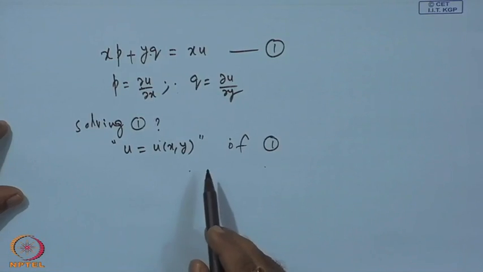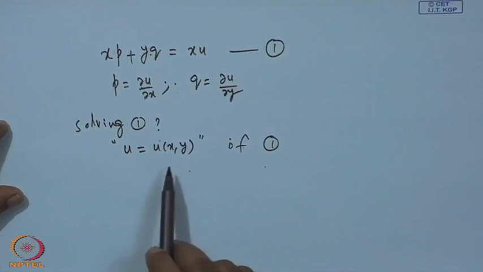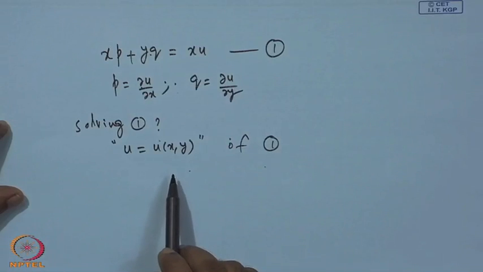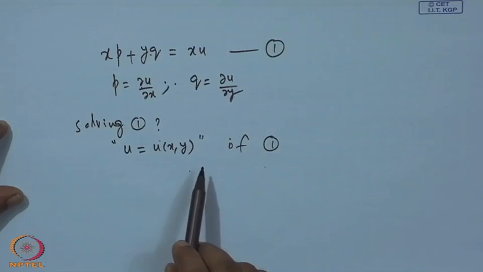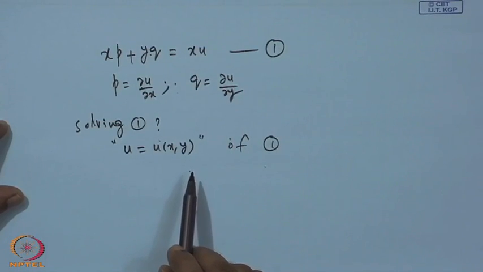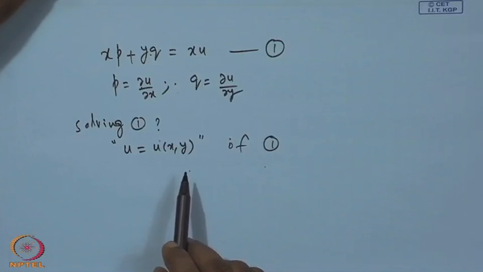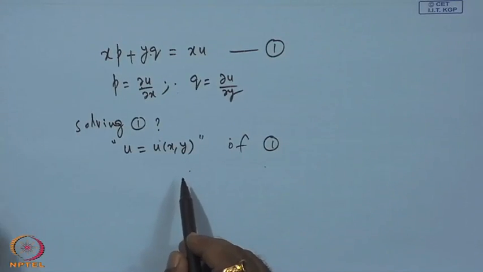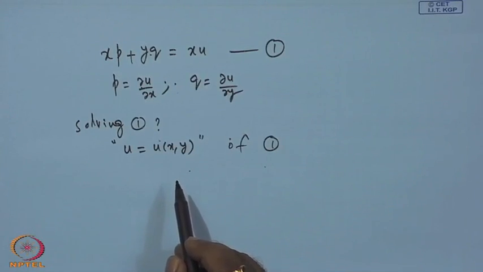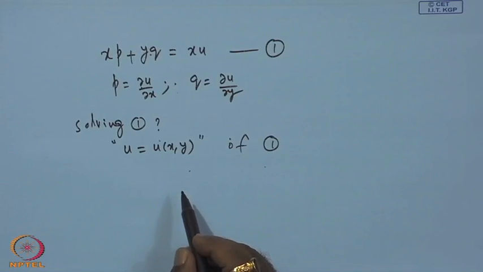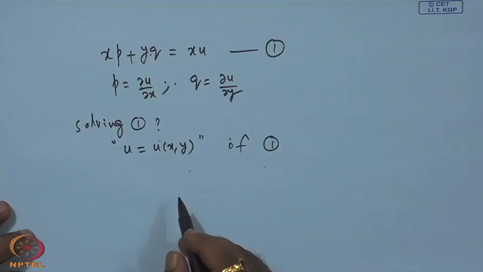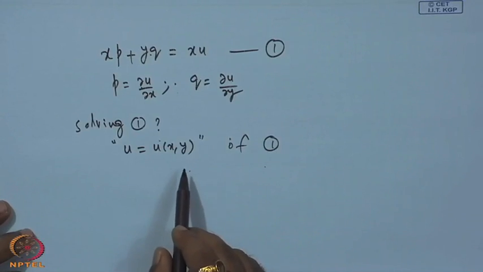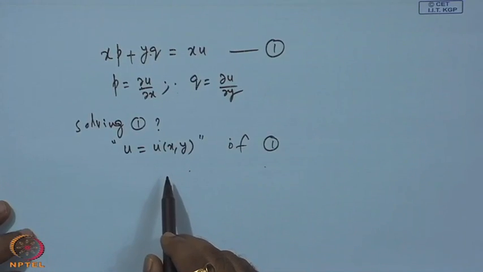So, having classified first order PDEs, it would be worth discussing in brief how we approach the solution. And first of all, what is the solution? As I mentioned, in case of ordinary differential equations, the solution represents a curve.